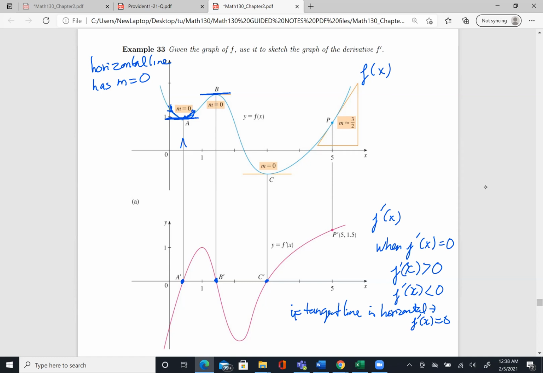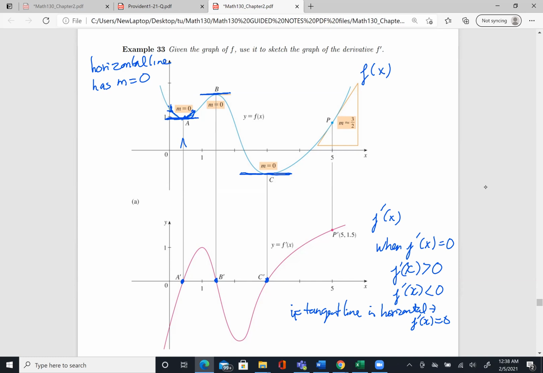Also at point C, I have a horizontal tangent line over here. So the slope, or the f derivative of x, has to be equal to 0. So the graph of f derivative of x crosses the axis at C, at C prime.